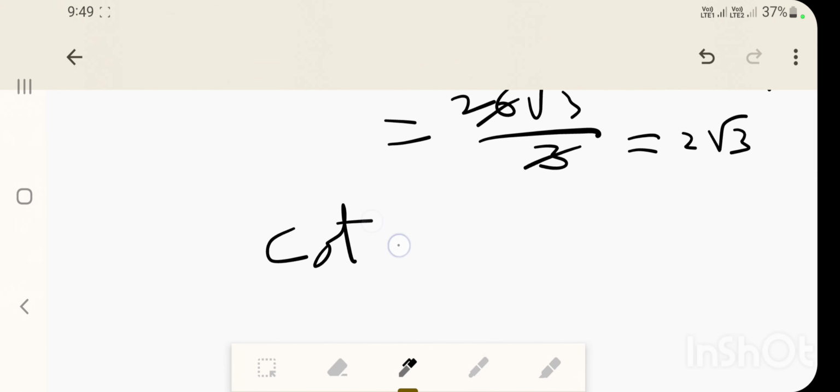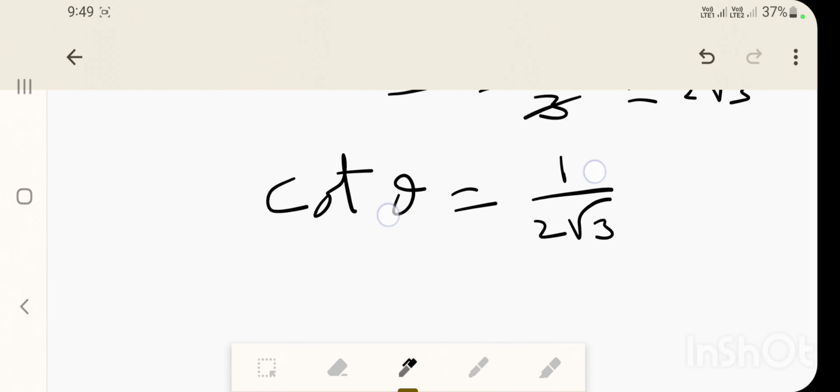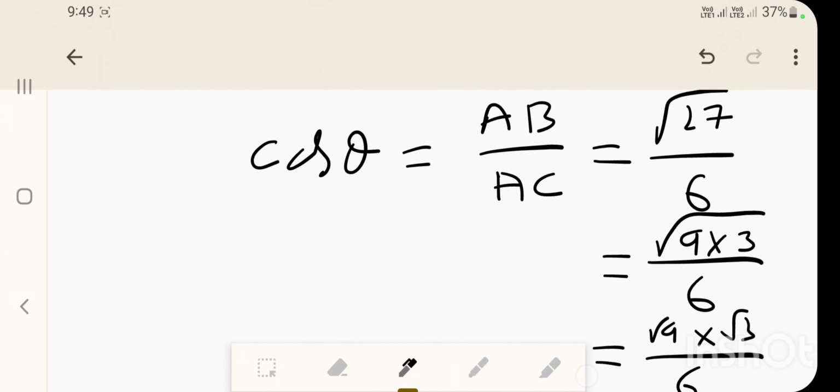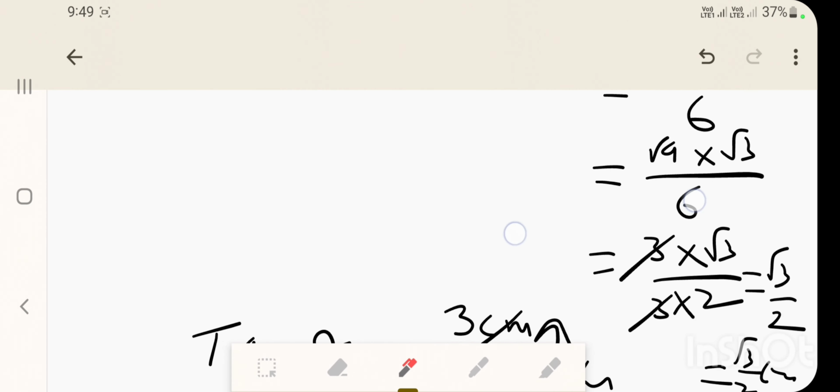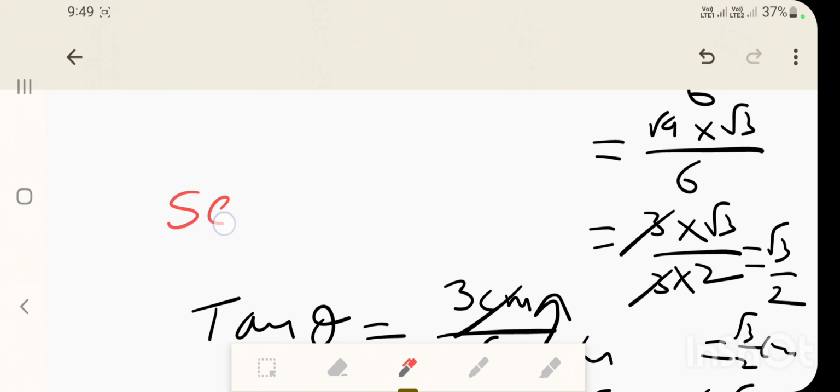Similarly, cot theta is nothing but reciprocal of the tan, that is 1 by 2 root 3. And if you want to find secant theta, how are you going to find secant theta? Secant theta is nothing but reciprocal of cos, that is 2 by root 3.